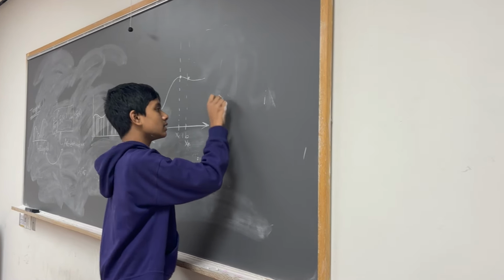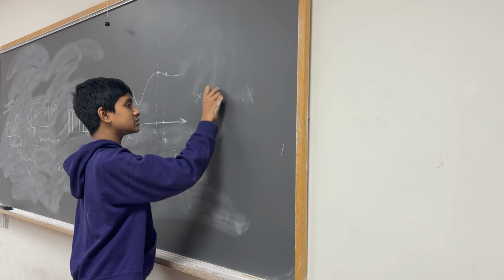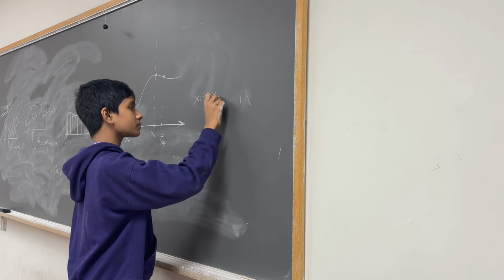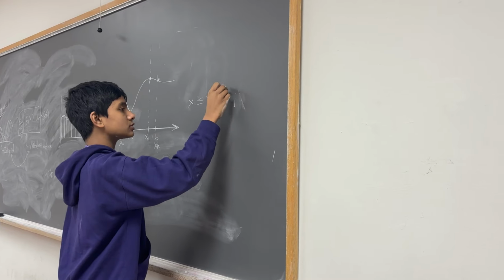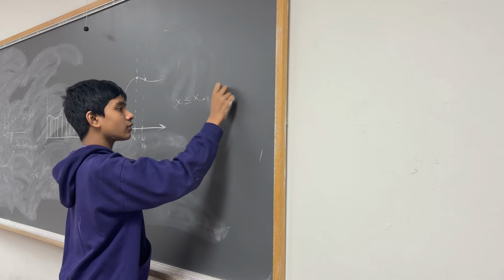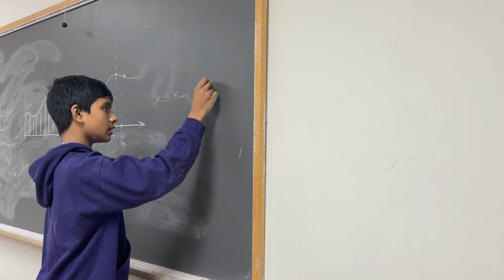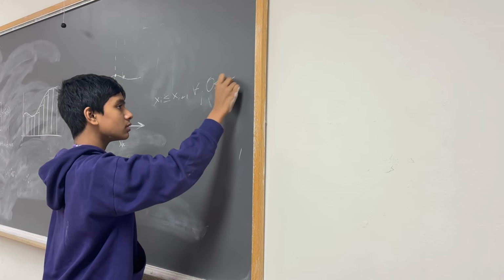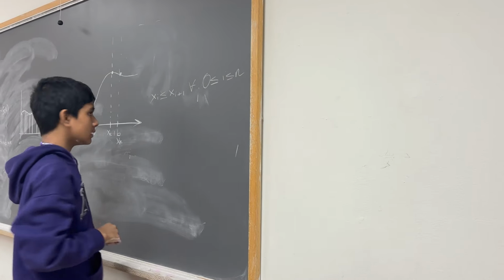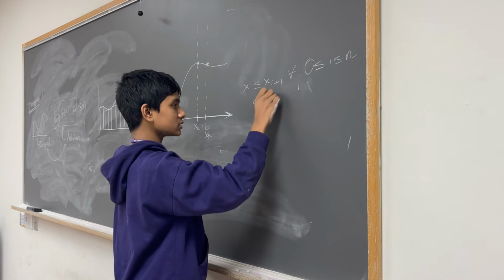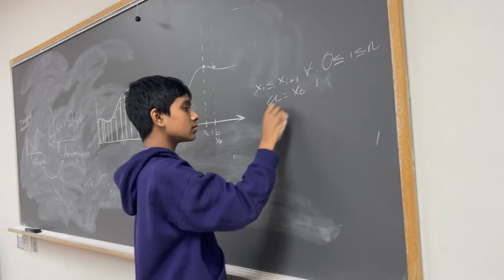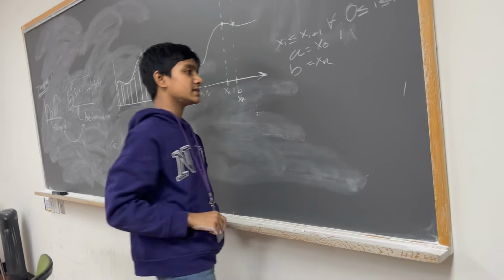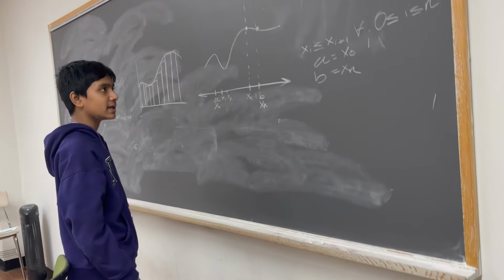By the way, the only condition is that xi must be less than or equal to xi plus 1 for all i between 0 and n. And the other condition, of course, we've got the boundary conditions, a equals x0 and b equals xn.